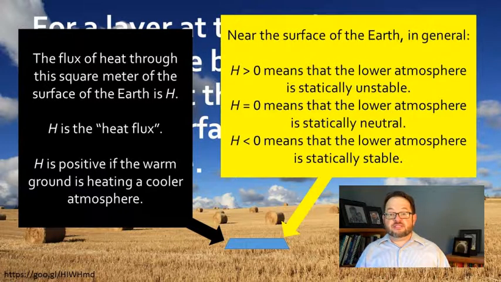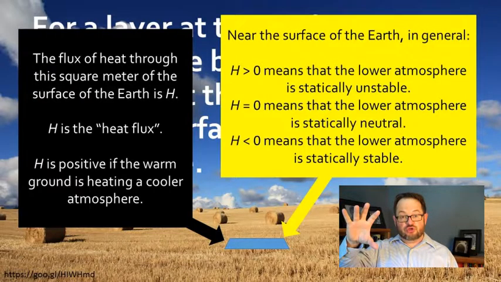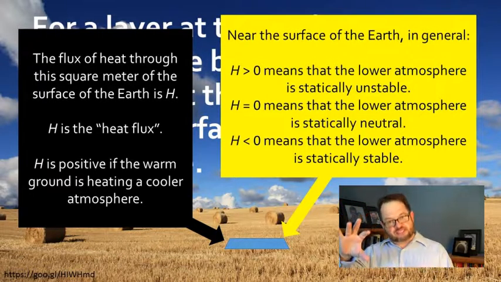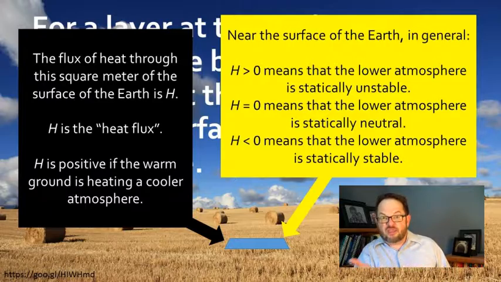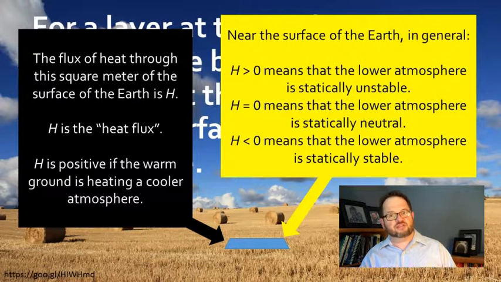If H is greater than 0, it means that the air is colder than the ground. So heat is going from the ground into the atmosphere, warming the bottom, kind of cooking the atmosphere from the bottom. But that makes the atmosphere statically unstable, right? Now there's warm air near the bottom, and those air parcels are likely to rise, all that kind of good stuff. By warming the atmosphere from below, we have made the atmosphere statically unstable.